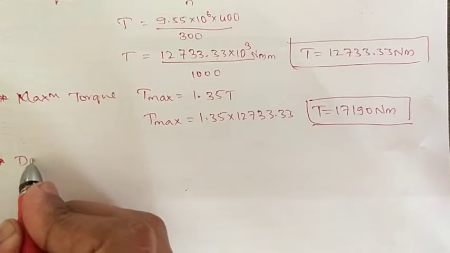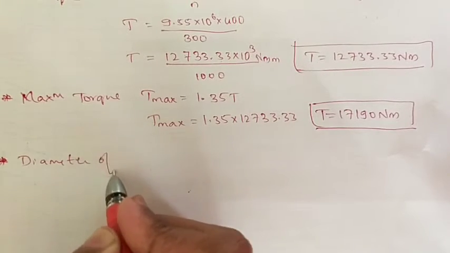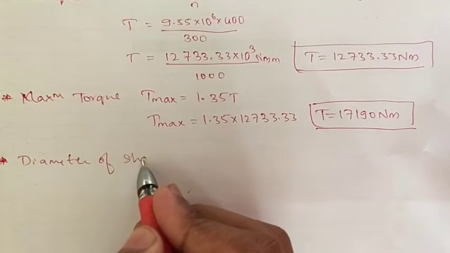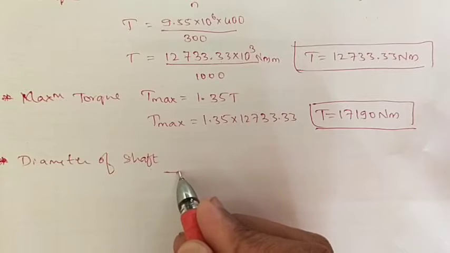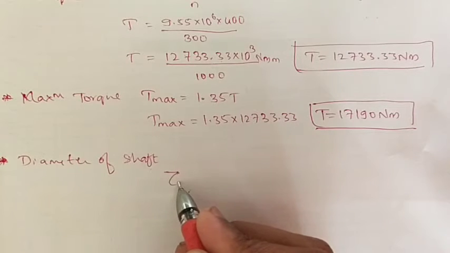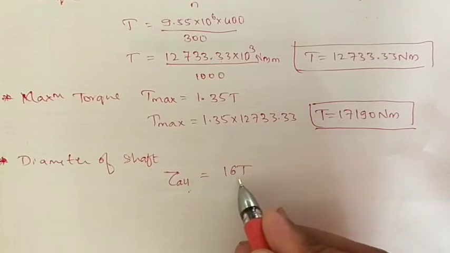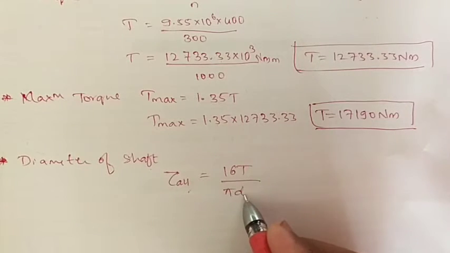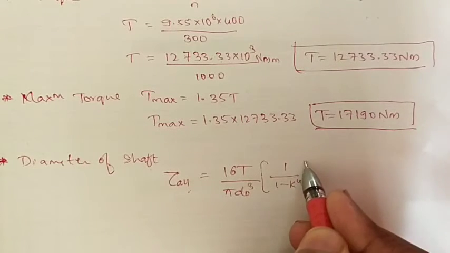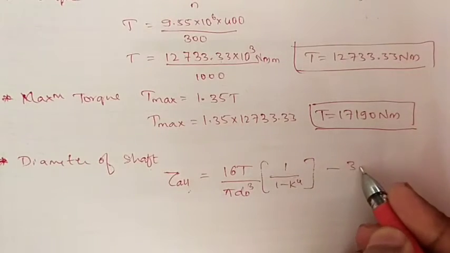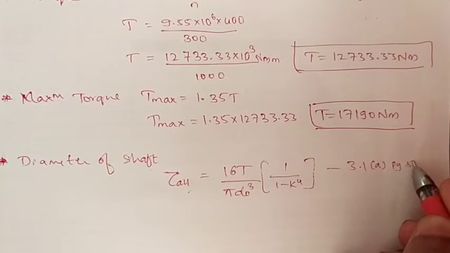After finding this, what you have to do is find the diameter of the shaft. For that, allowable shear stress is equal to, this is in equation 3.1, page number 50.